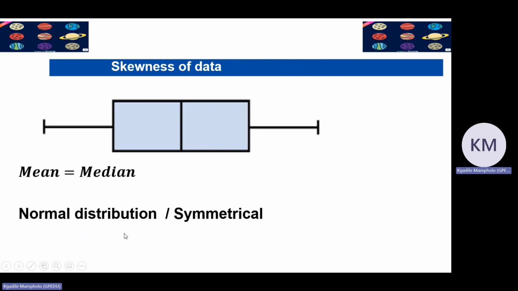We say the data is symmetrical, meaning that the measure of spread between the Q1 and the median is the same as the measure of spread between the Q2, which is the median, and the Q3. So if the mean equals the median, we say the data is symmetrical or the distribution is normal.